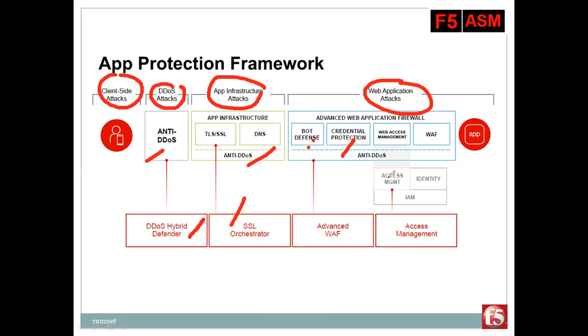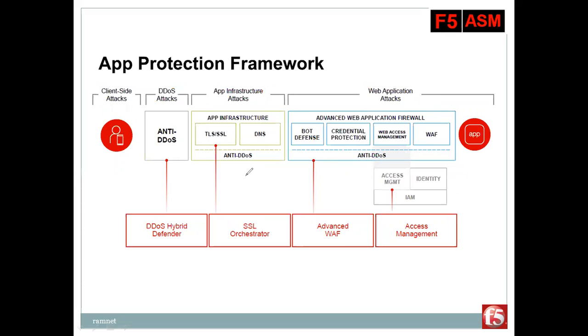Credential protection is there. Web access management is there. Through access management, we will be able to protect all our user name and password details. So with this, we will be able to get things protected on the F5 platform.